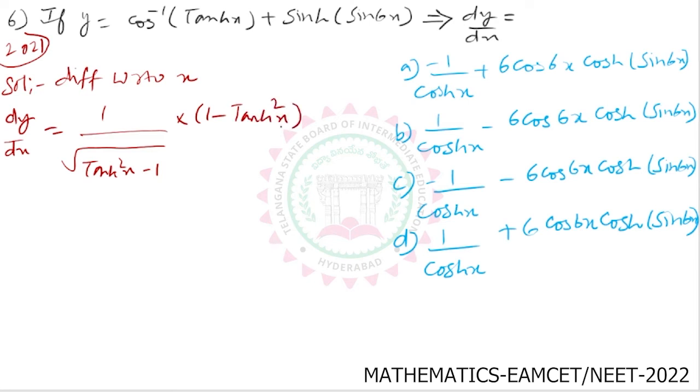I am just reducing one step. Plus derivative of sin hx is cos hx, so cos into x, that is sin 6x, into derivative of sin 6x is cos 6x into derivative of 6x is 6.